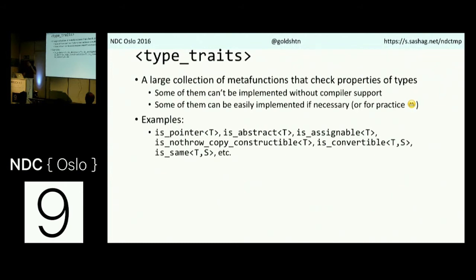And, you know, it sounds easy, but if you actually look at the implementation, you have to take care of pointers to functions and pointers to members and const pointers and pointers to const and a bunch of other edge cases. So it's useful to have this in the library. We have more complex traits, such as is_nothrow_copy_constructible, right? So does the type T have a copy constructor which is marked noexcept and will not emit exceptions at runtime? We can use a lot of these, and we can develop some of our own type traits based on what's available in the library and based on other techniques as well.